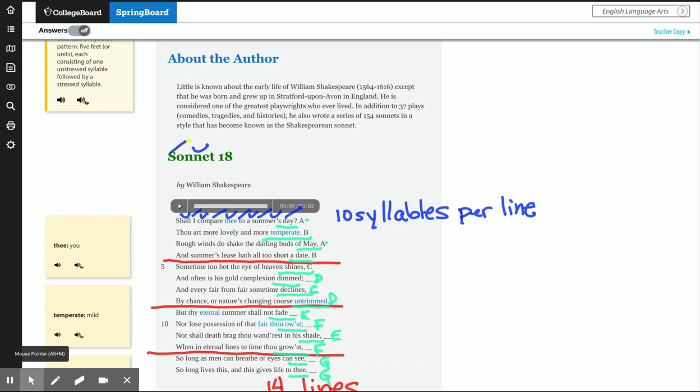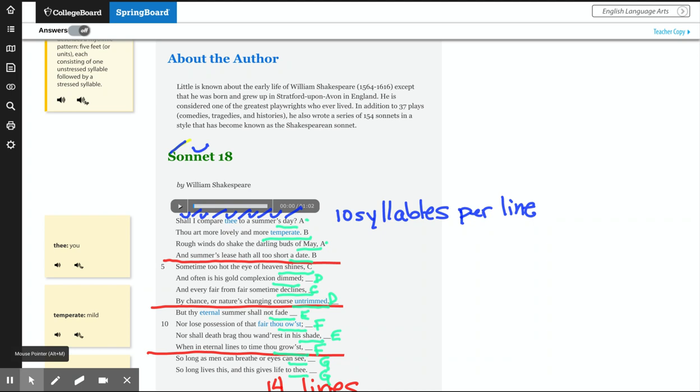So first, about Shakespeare. Little is known about the early life of William Shakespeare, who lived from 1564 through 1616, except that he was born and grew up in Stratford-upon-Avon in England. He is considered one of the greatest playwrights who ever lived.